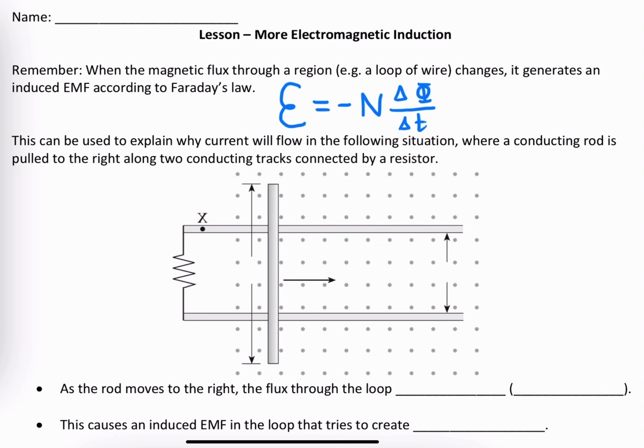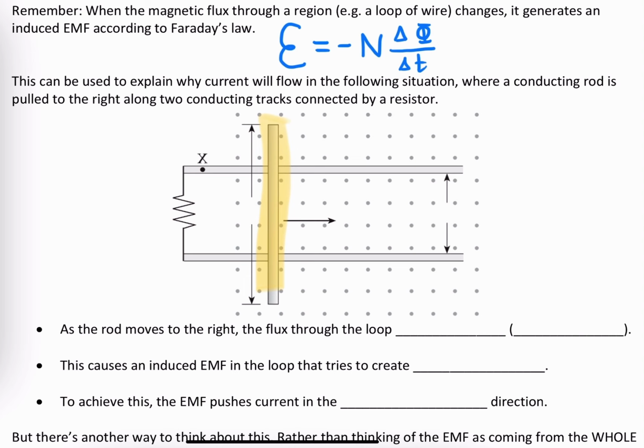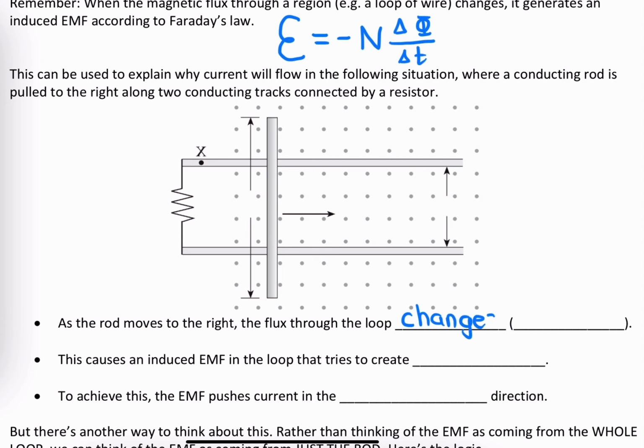So as this rod moves to the right, we see that there's a loop here, a conducting loop. And the flux through that loop is going to change as we move that rod to the right. Right now, as you can see it, the flux through the loop is just these dots here.